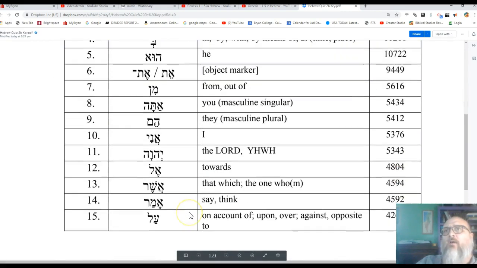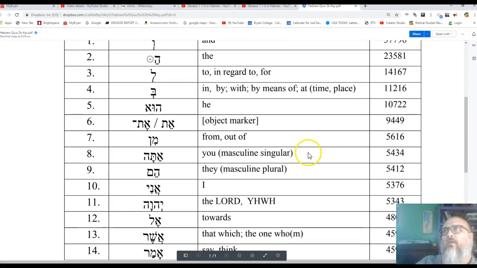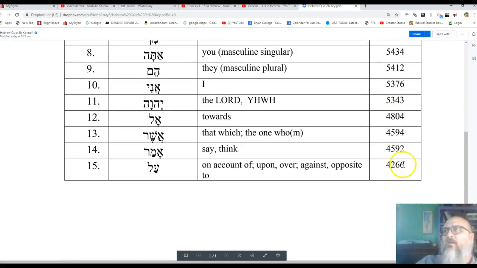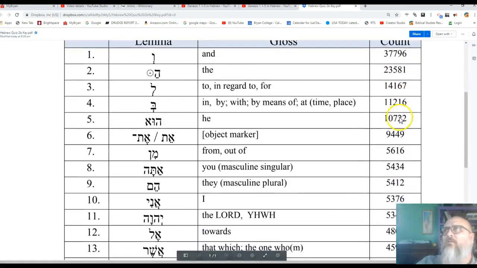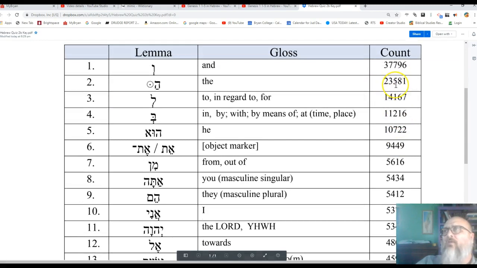So you want to make sure that you get these words down. And, you know, if there are 300,000 words, look how many you already know by just these words.